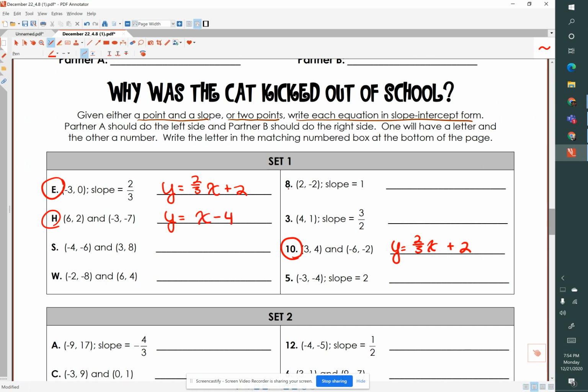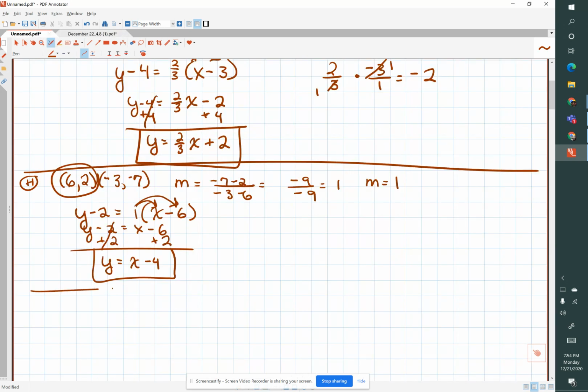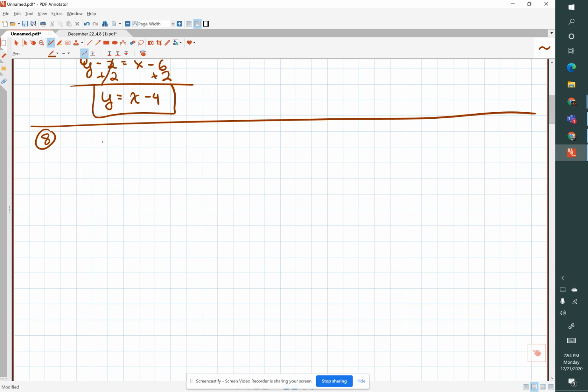And let's go ahead and try number 8. So number 8, we are given the slope of 1. And we're given the point 2, -2. So when we have a point and a slope, we immediately go to the point slope formula. So we will do y minus -2, which is y plus 2 equals 1 times the quantity x minus 2.